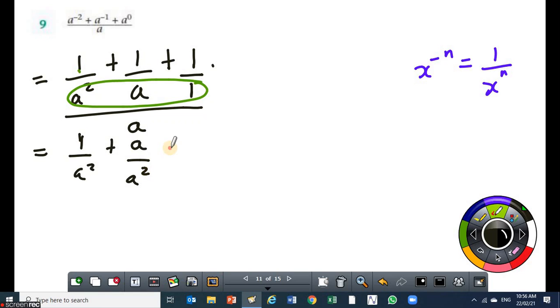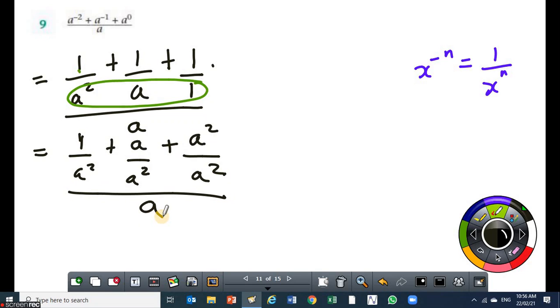Plus, how can I convert this 1 here to a squared? I'll multiply it by a squared. If I multiply this 1, which is the denominator, by a squared, I also have to multiply the numerator by a squared. So I'll get a squared over a squared, all over a.